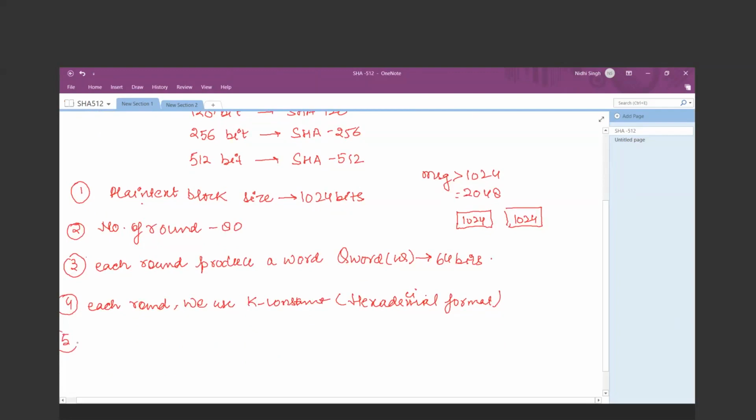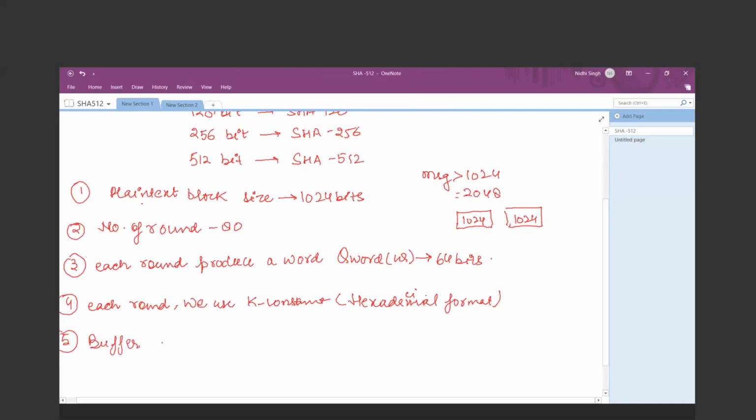Also in SHA, we have to store the outputs, and the output of each round will become the input of the next round. So to store the output of each round, we use buffers.